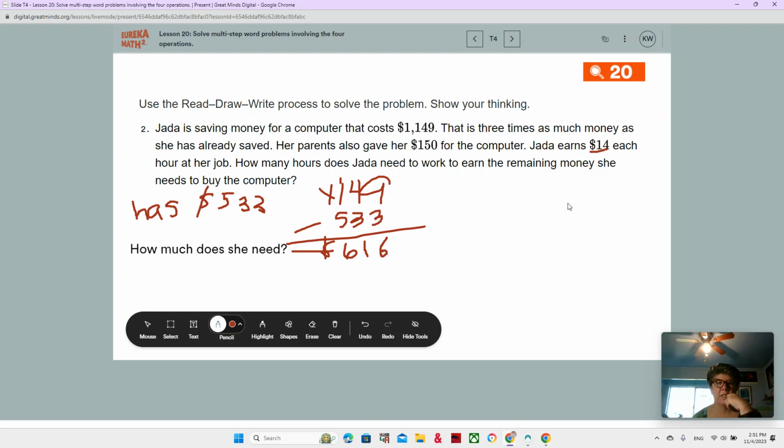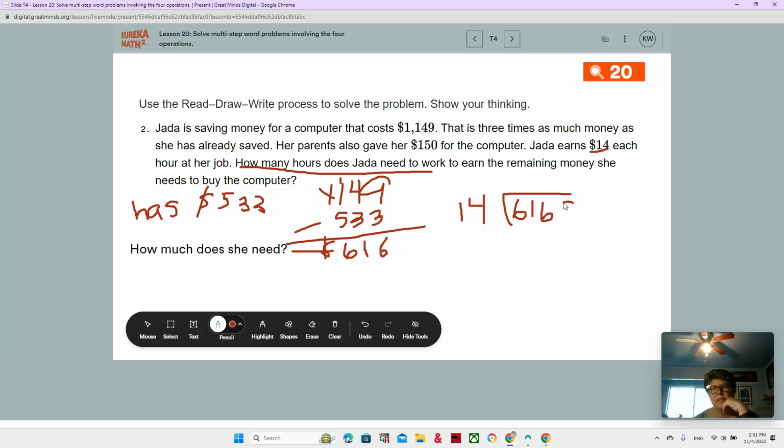Okay, now she's got a job and she gets paid $14 an hour. How many hours does she need to work? So we need to take our 616 and divide that by 14 to find out how many hours.